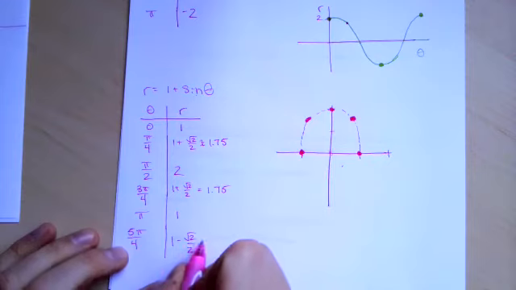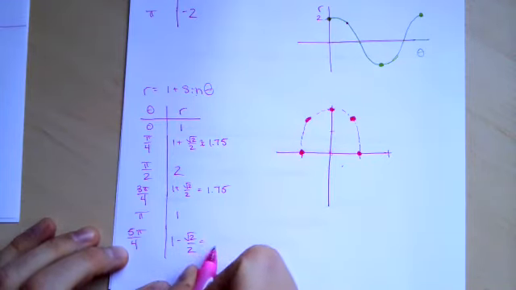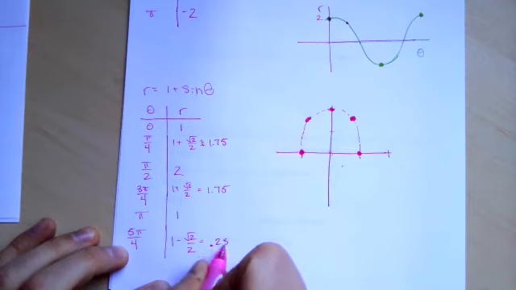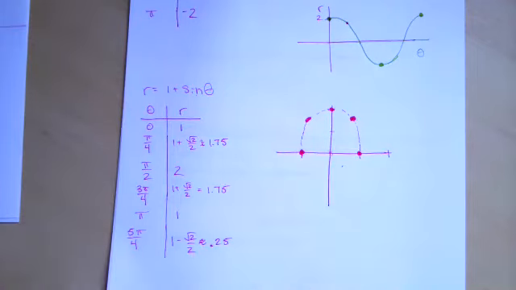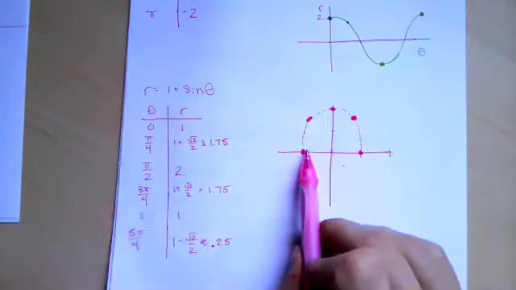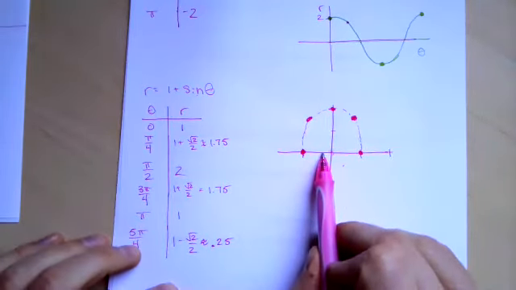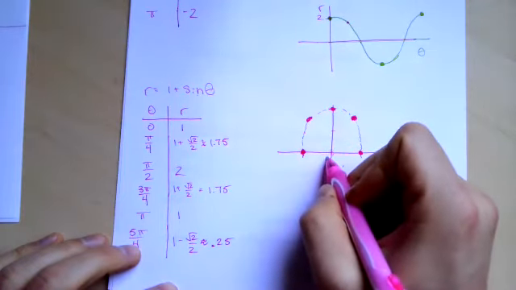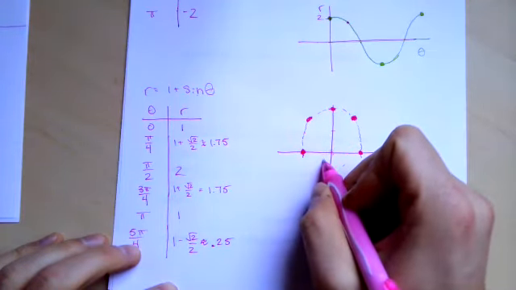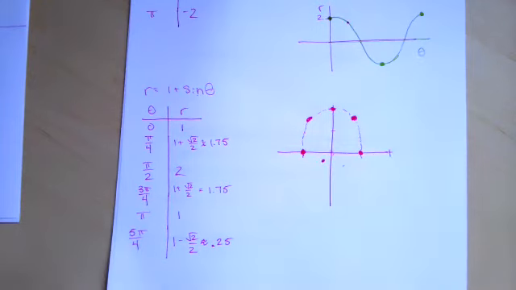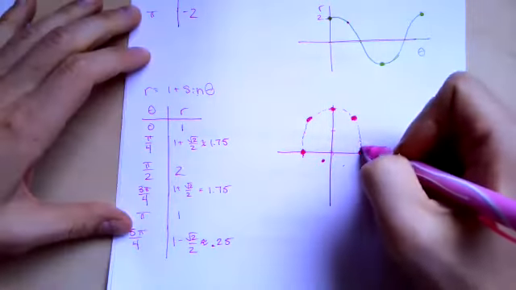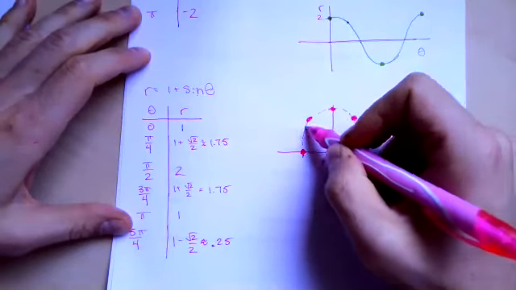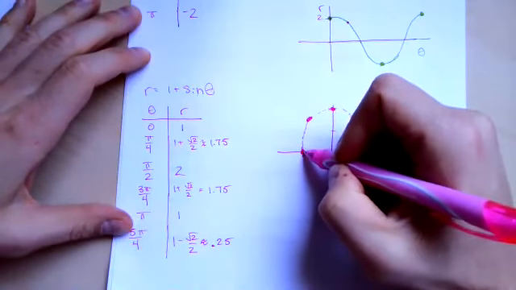So it'll be 1 minus 0.75, so only about 0.25. That's pretty small. Our radius went from 1 to 1/4. And now we're pointing at a 45-degree angle, so we're like here. It's going to come up, around, and then curve real sharp here.